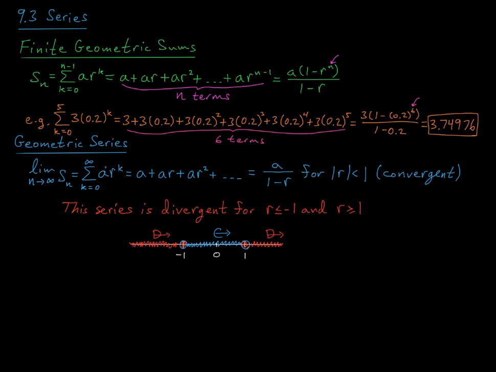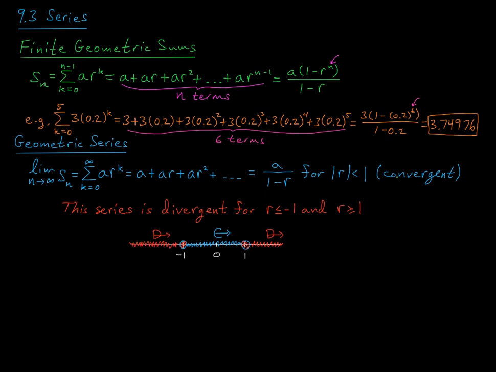So this geometric series adds up all the terms of this sequence: a plus ar plus ar squared, and we just continue to add. What we noted on the last slide is that this limit is equal to a over 1 minus r, as long as the common ratio r is strictly less than 1 in absolute value.